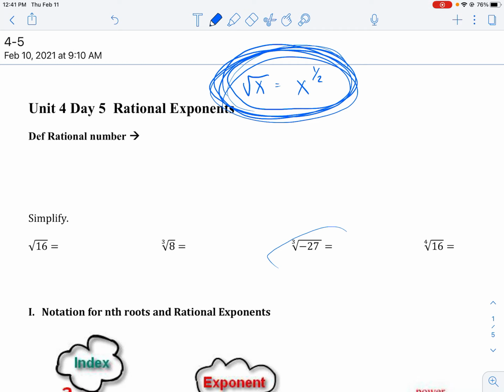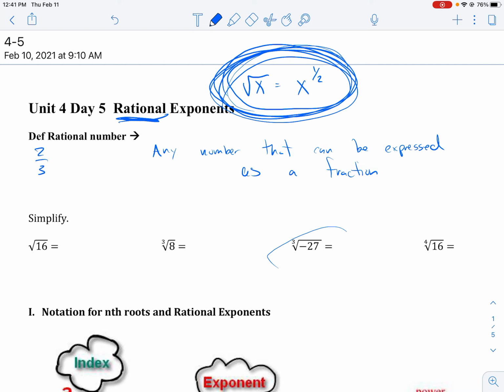So what is a rational number? It's important to know. It is any number that can be expressed as a fraction.